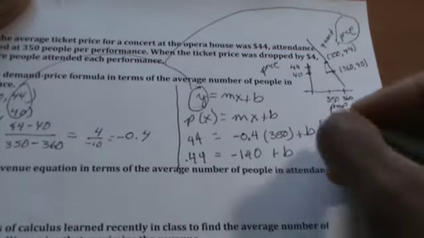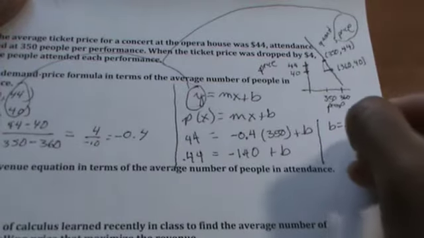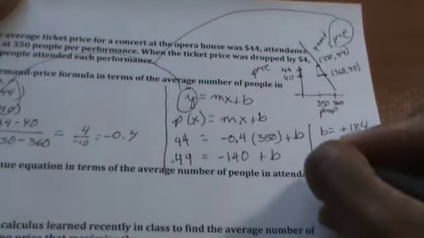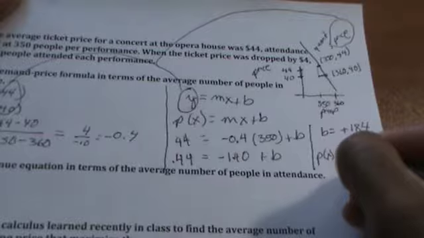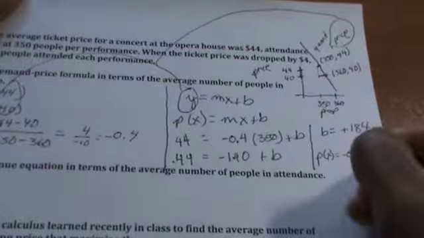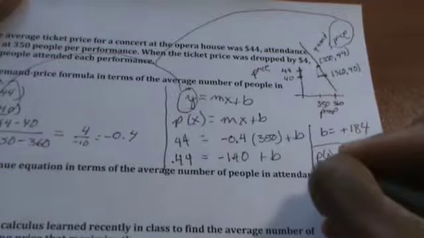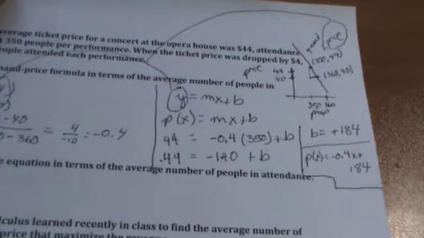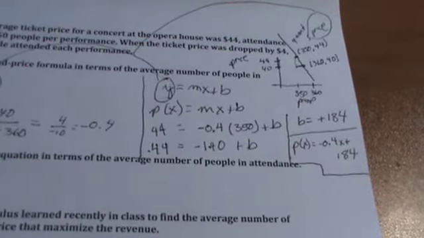Add 140 to both sides, then b equals positive 184. So what does that get us to? Gets us to p of x equals negative 0.4x plus 184. All right, sorry, I wrote rather large, so I was not able to put it all on one line. All right, so that's good.